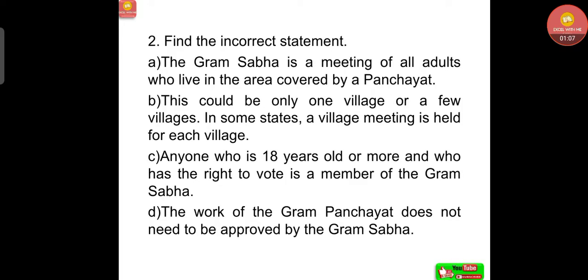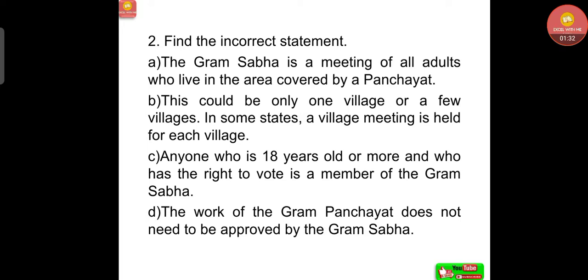Question number 2. Find the incorrect statement. A. The Gram Sabha is a meeting of all adults who live in the area covered by a Panchayat. This could be only one village or a few villages. In some states, a village meeting is held for each village. C. Anyone who is 18 years old or more and who has the right to vote is a member of the Gram Sabha.